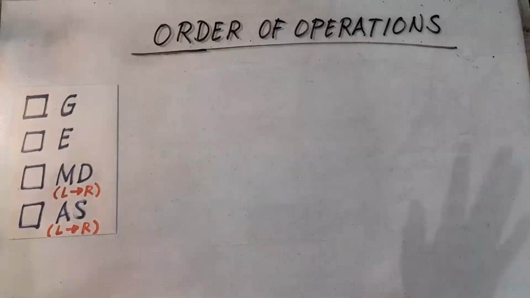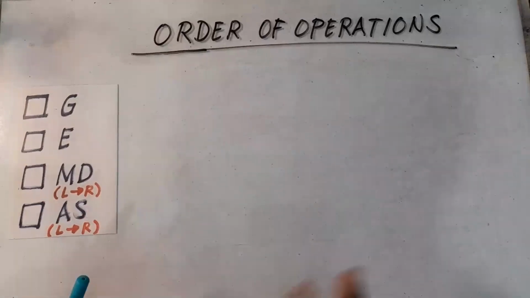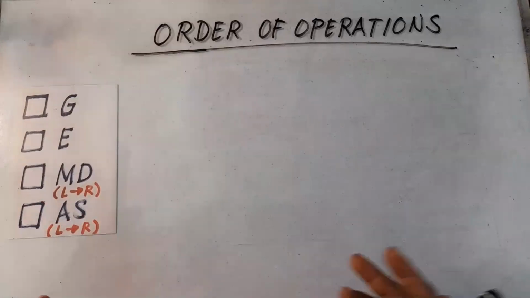Okay. Paano naman ngayon kung halimbawa madami siya? Nandoon lahat ng operation. Merong grouping symbol, may exponentiation, may multiplication, may division, may addition, and subtraction. So, paano ang gagawin natin?